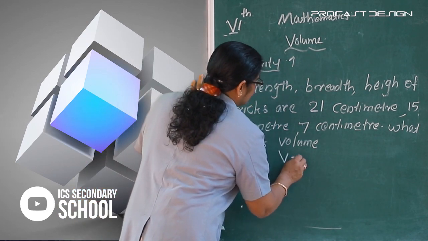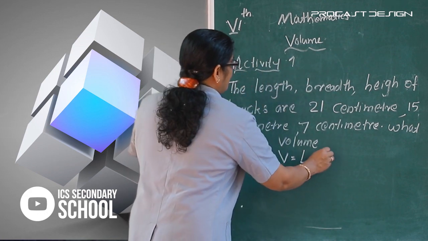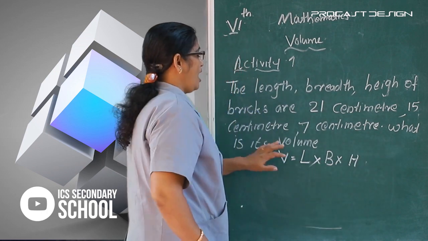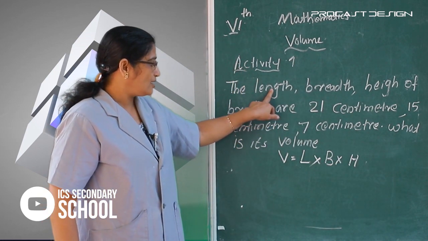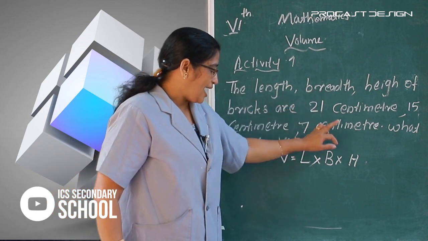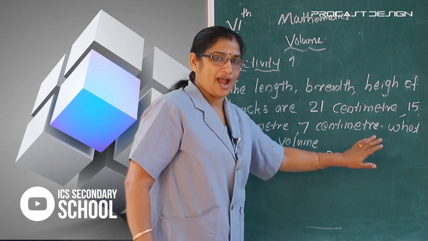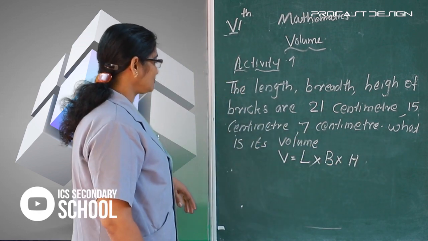Volume is L into B into H, where L is the representation of length, B breadth, and H height.